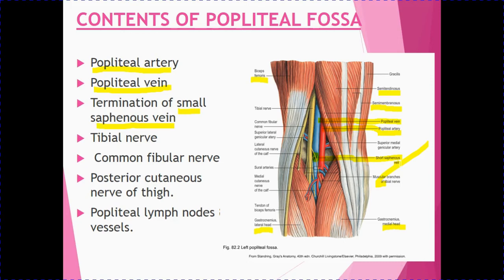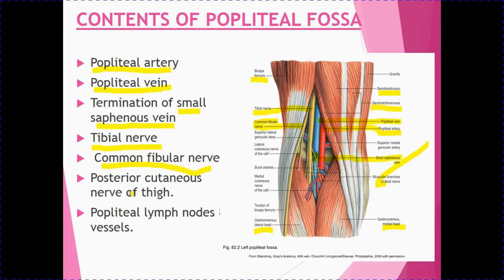Okay. What else is here? Let's see what other contents there are. Then you have the tibial nerve and the common fibular nerve. So this is the tibial nerve. Okay. The common fibular nerve. This is the common fibular nerve.